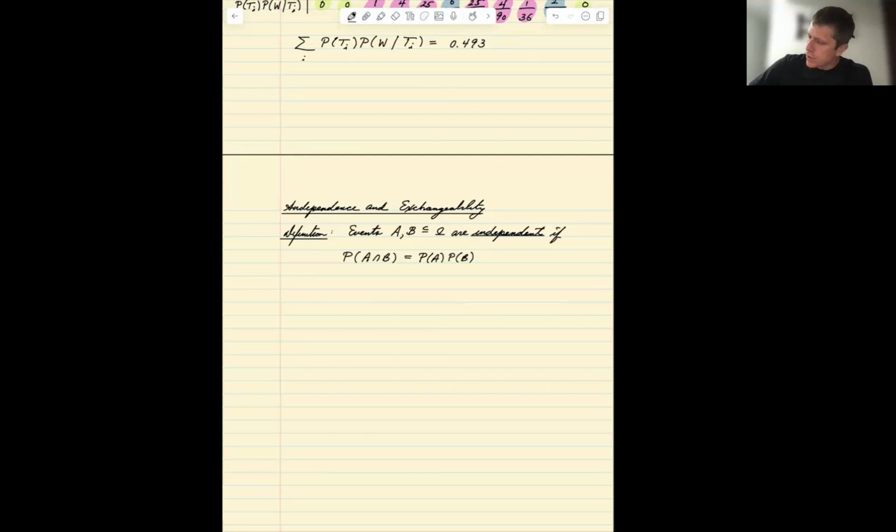Some observations: drawing with replacement from the same set usually, not always, assumes that the draws are independent.